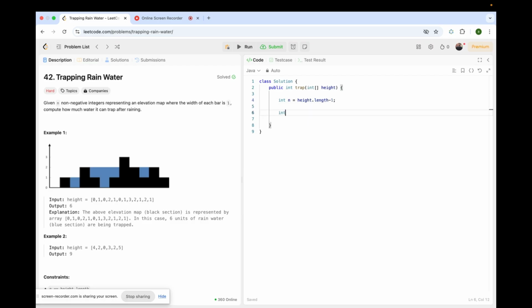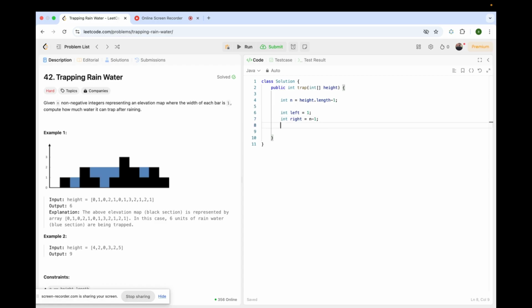I am taking one left pointer which will start at index 1, and one right pointer which is starting from n minus 1, because I will start calculating trapped water from this index, not the last index.